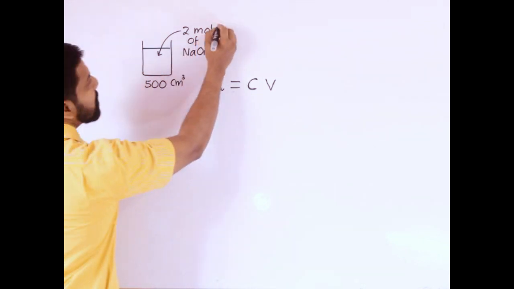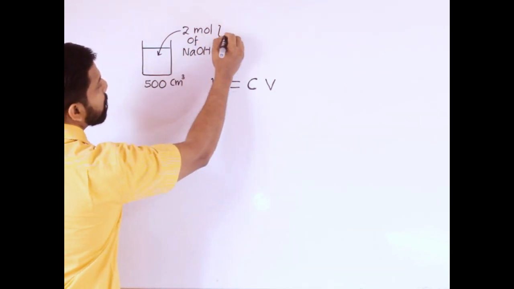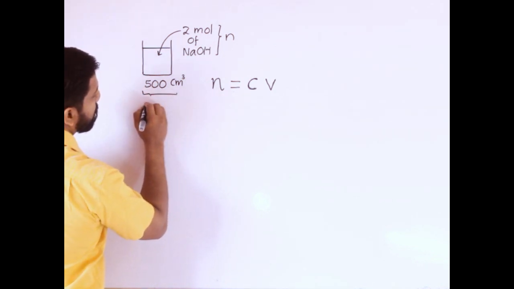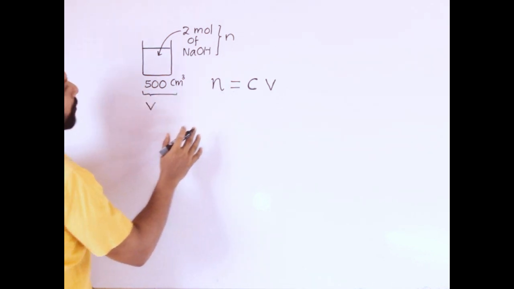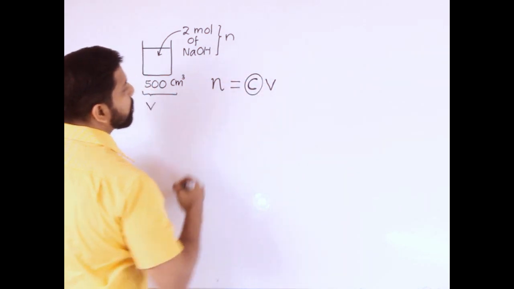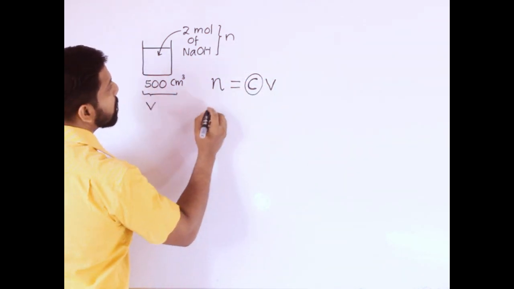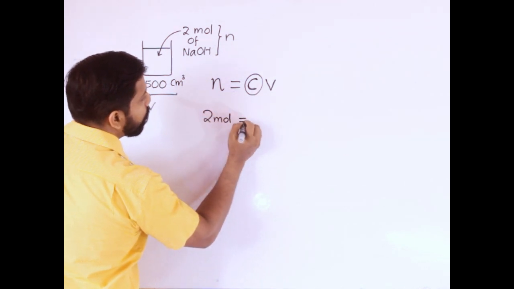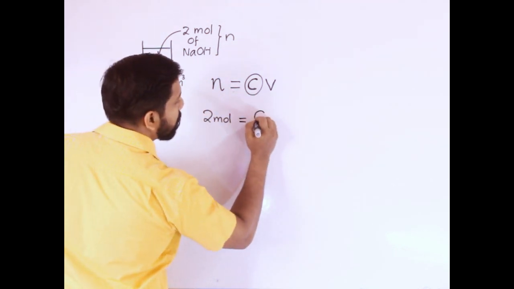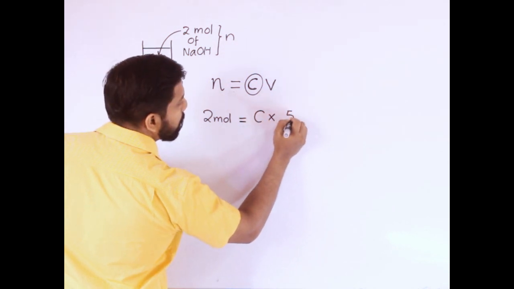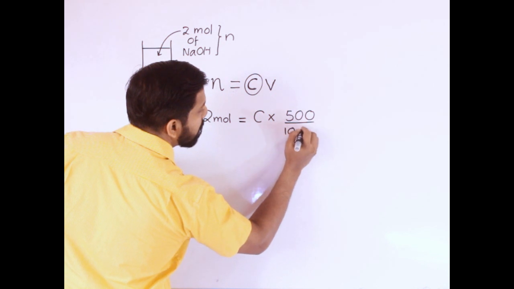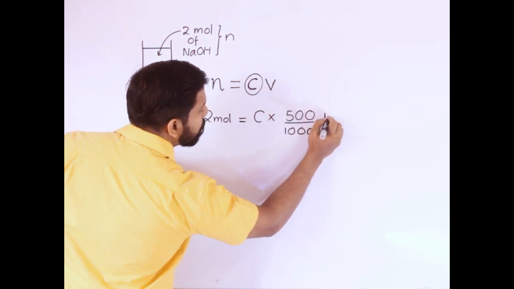So you can see this is your n, moles, and this is your V. You need to calculate then the concentration. So let's substitute these values into this equation. 2 moles equals concentration into, don't forget to divide this 500 by 1000 in order to convert that into dm cube.